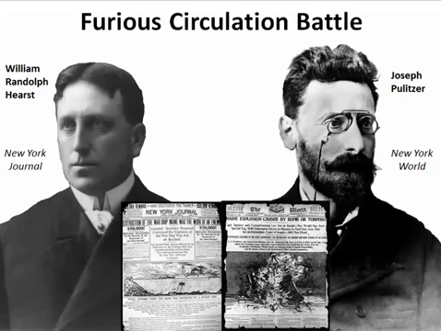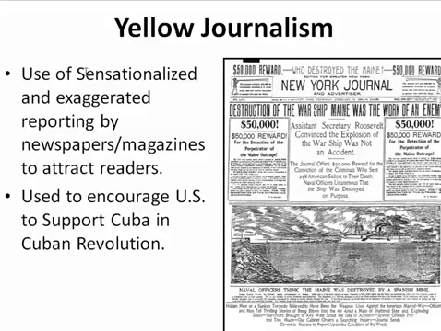And so in fighting for that, they vigorously on a daily basis report on what's going on in Cuba, and they paint Spain and General Weyler out to be a butcher and all these horrible incidents that are going on. It's something we refer to as yellow journalism, or sensationalized or exaggerated reporting by these newspapers to get the attention of the readers. And this yellow journalism kind of encouraged the United States to support Cuba and the Cuban Revolution.